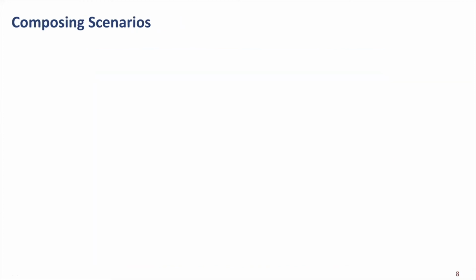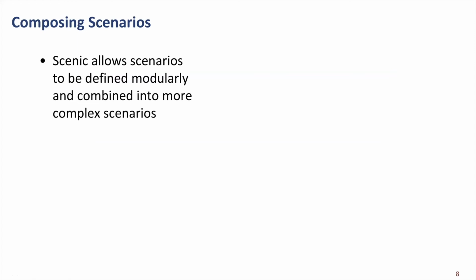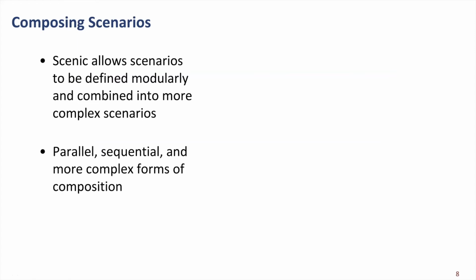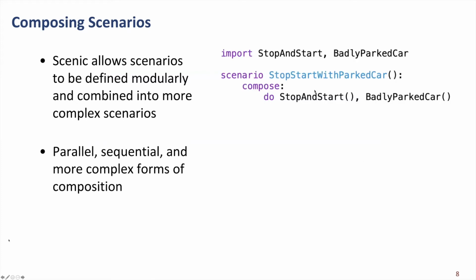Another thing I want to mention is that Scenic has syntax which allows you to compose simple scenarios into more complex ones through various forms of composition. So for instance, we could import from some other file two scenarios for maybe the stopping and starting car and the badly parked car, and we could compose them in parallel like this. So that would say run these at the same time, or sequentially.